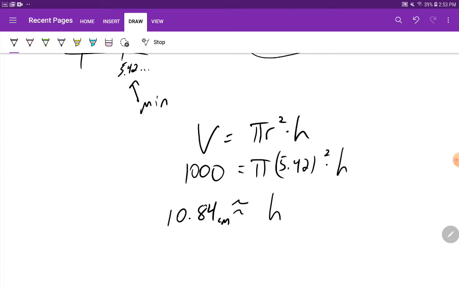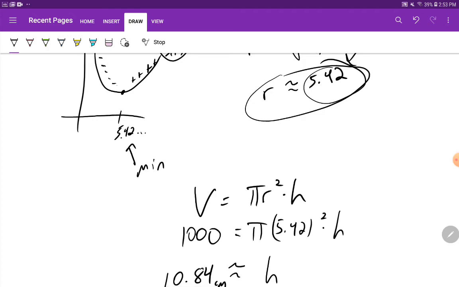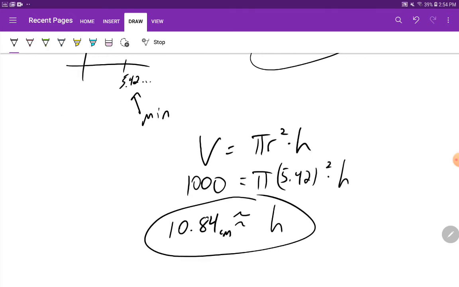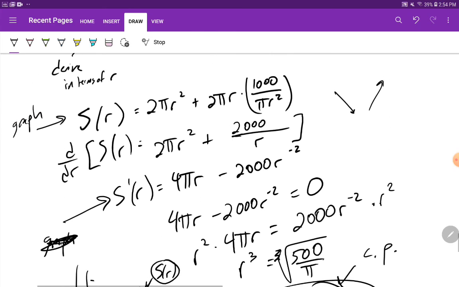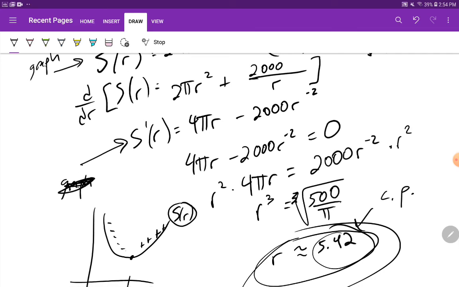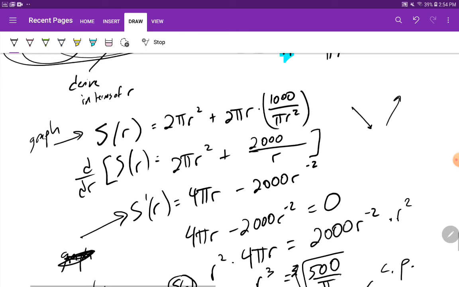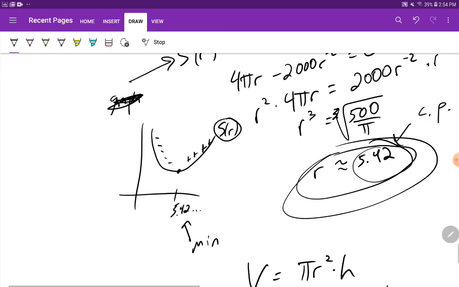So once again, it depends on what the question is asking for, right? If the question is asking, what is the radius that will minimize this? What is the height that will minimize this? You have both answers here. This is the height, this is the radius, and that's pretty much it. The question might also ask, what is the minimum amount of surface area that you can get, right?